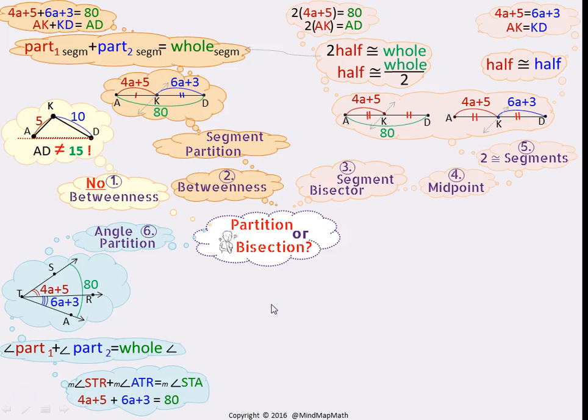There will be some similarities between angle partition and segment bisector, but perhaps there will be more differences here. And this is the time to start wondering how angle bisector relationships would look, because that is going to be our next video.